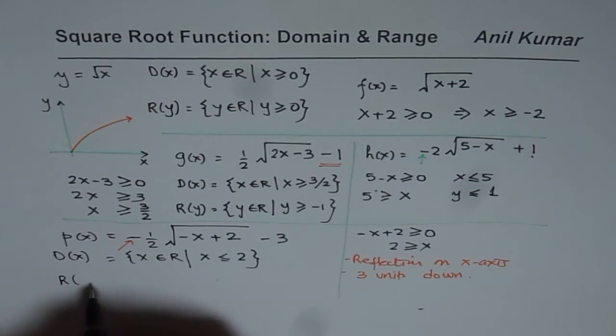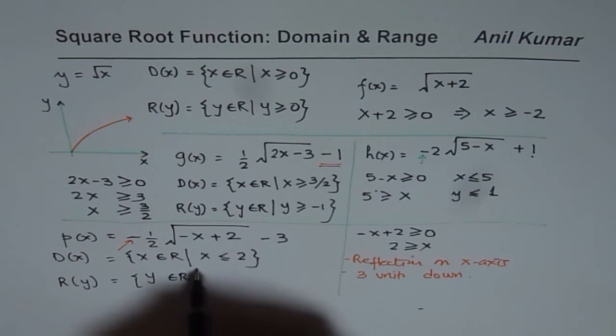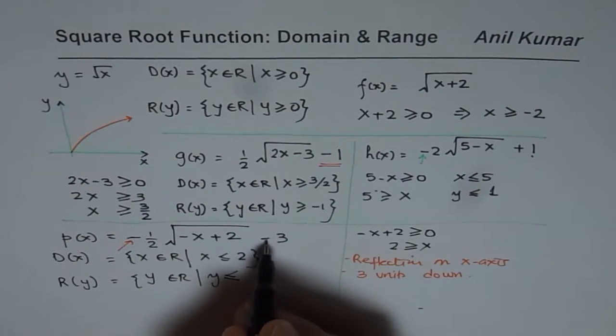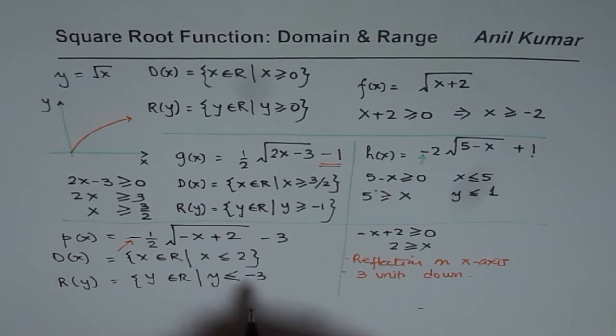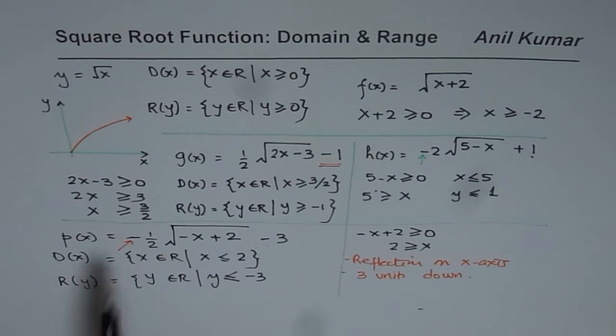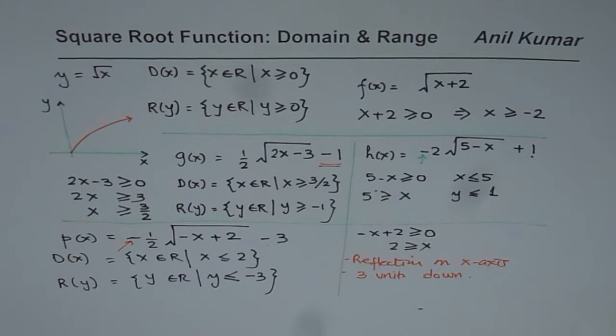Therefore the range in this particular case will be y belongs to real numbers where y is less than or equal to minus 3, right? So that is a value where the graph gets translated to and then goes downwards because of this minus, and therefore the range will be y less than or equal to minus 3.